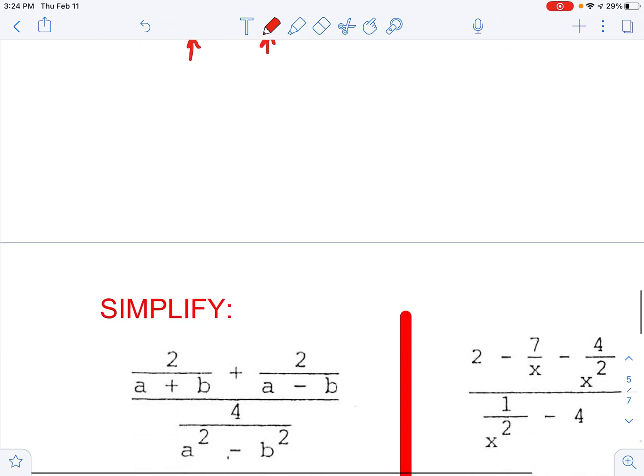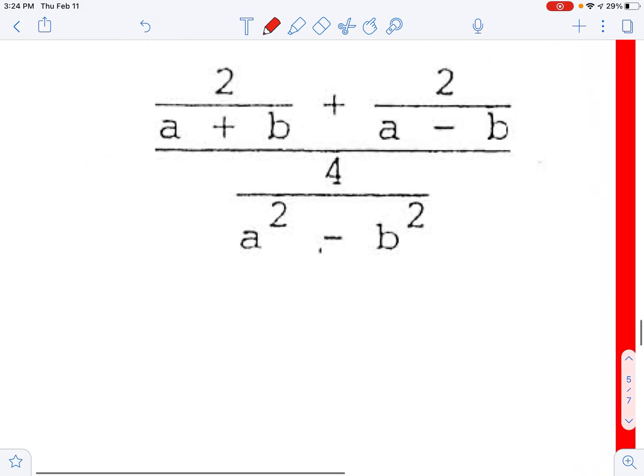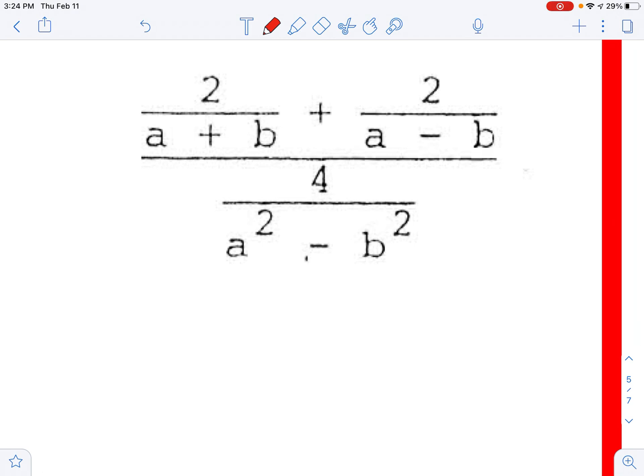Okay, so we're just going to work on two others that are going to require a little bit more of the factoring idea. So if we take a look at this first question over here, we're asked to simplify. What we should notice is that now our denominators are not just individual values, but instead we have binomials: a plus b, a minus b, and a squared minus b squared.